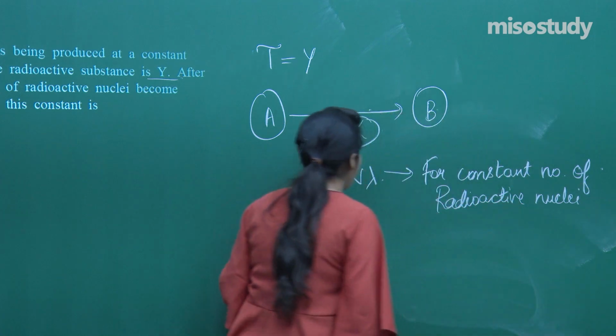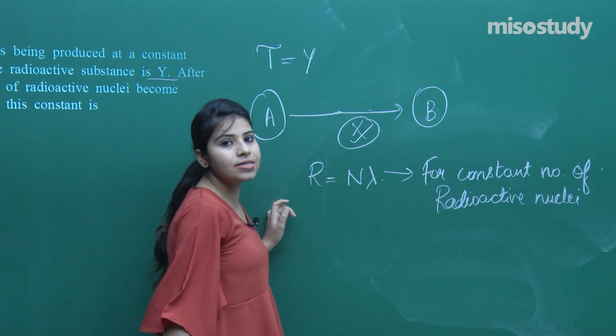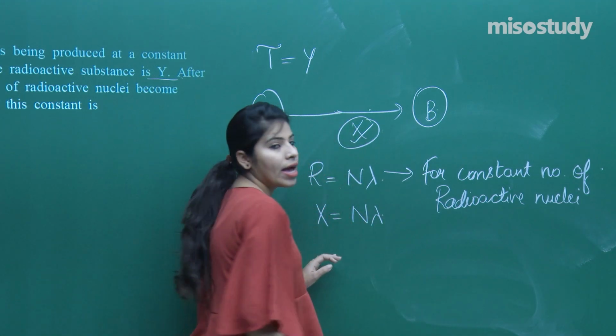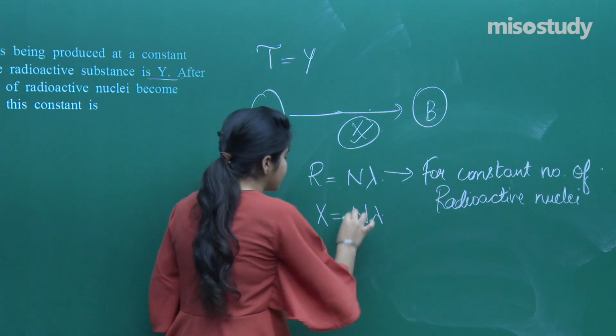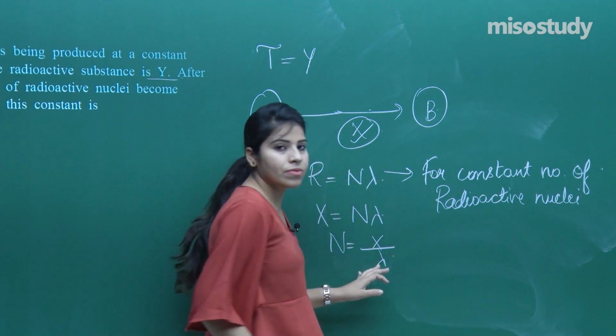In the question we have been given R is nothing but x, the activity is x. So x equals N lambda. Now from here you can see that N is nothing but x upon lambda.